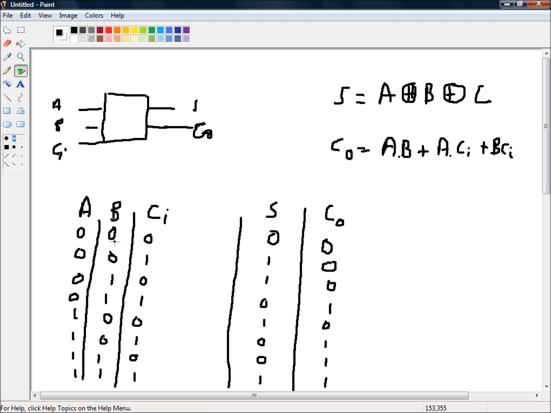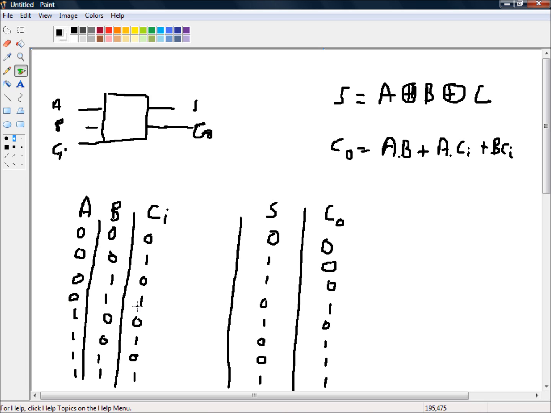But let's double check. A and B are both 0, so that term goes to 0, that term goes to 0, and that term goes to 0, so the whole thing goes to 0. Okay, A and B are both 0, so again we've got A's there and a B there, so all those terms have either an A or a B in it, so yes, they go to 0. This one's got an A and a C as both 0s, so that A 0 will make that a 0, and that a 0, and that CI being a 0 will make that term 0, so that will also be a 0.